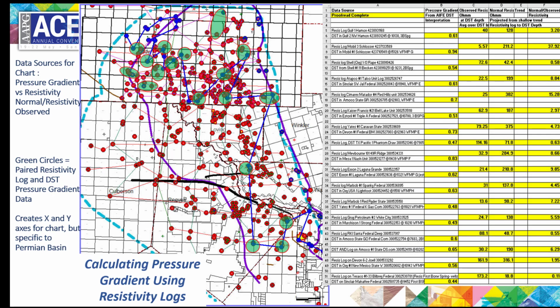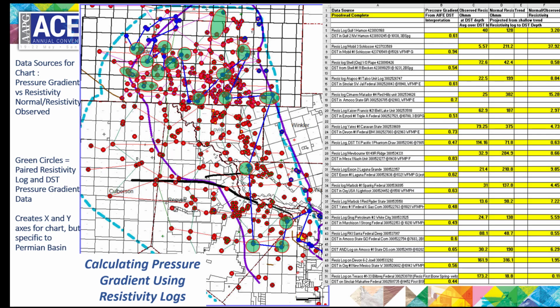This is the observed resistivity in that section where the drill stem test was taken. And this is what that resistivity should have been if I look at that shallow resistivity trend.